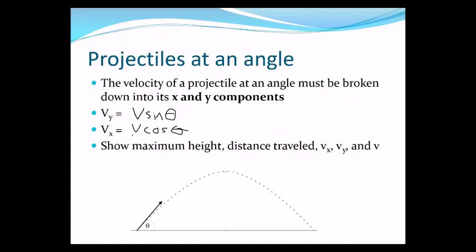So there's some key points that we need to know about this. Our maximum height is here. This is our max height, and this is where our Vy is equal to 0. Distance traveled, so this would be our dx.